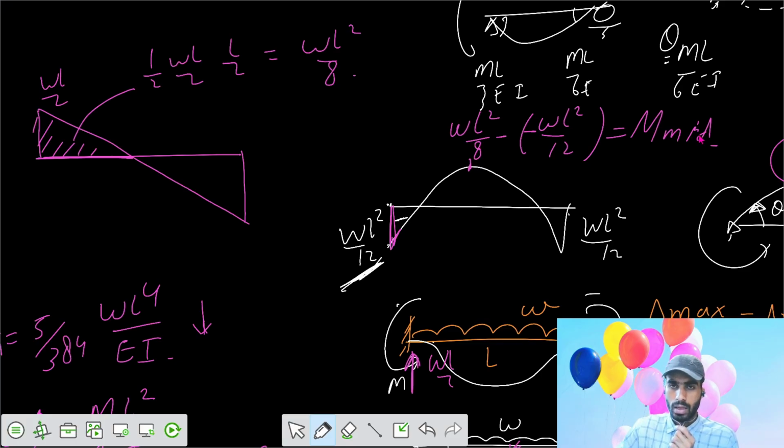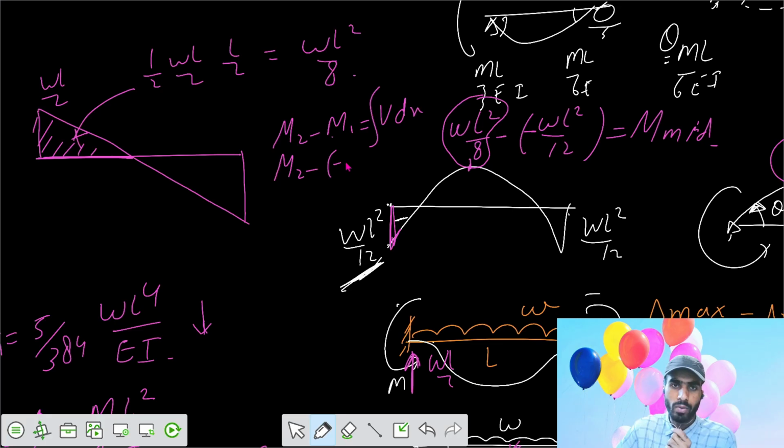We know that moment 2 minus moment 1 equals the shear force area, VdX. The shear force area is positive, so this is a positive value. Moment 2 is negative, so negative of negative, when you transfer it, becomes negative. So you have to subtract it.